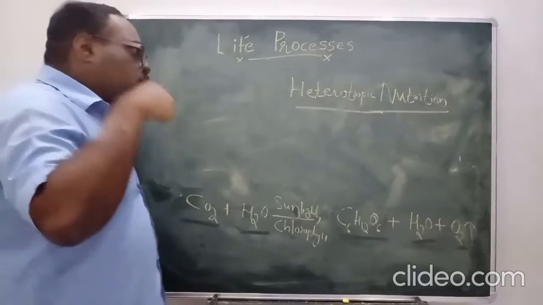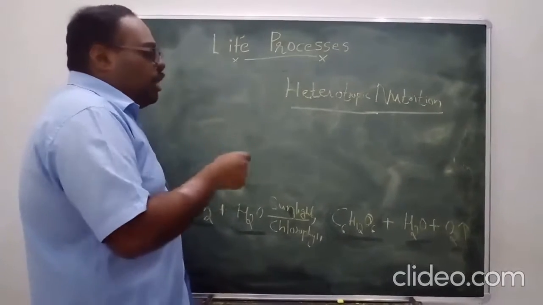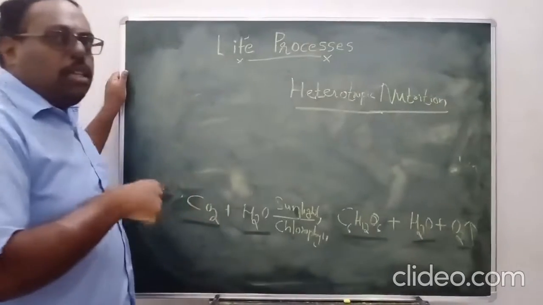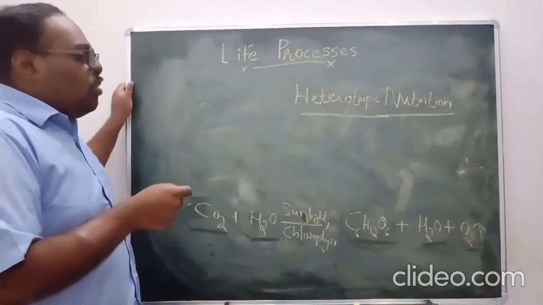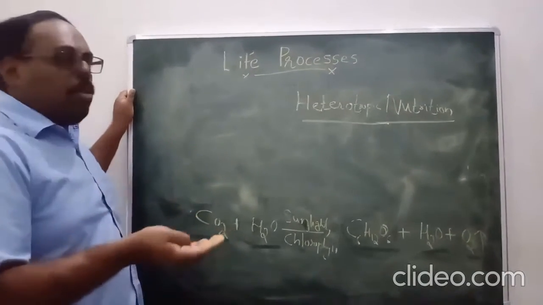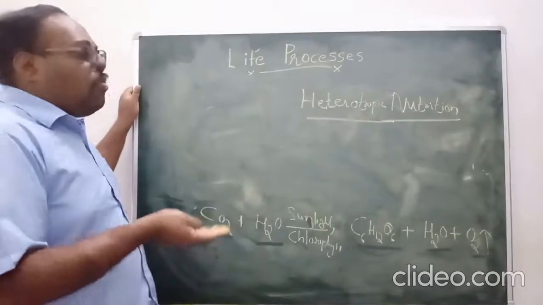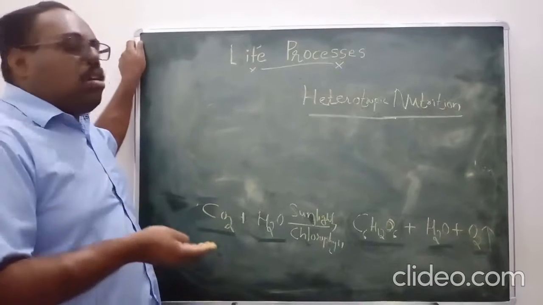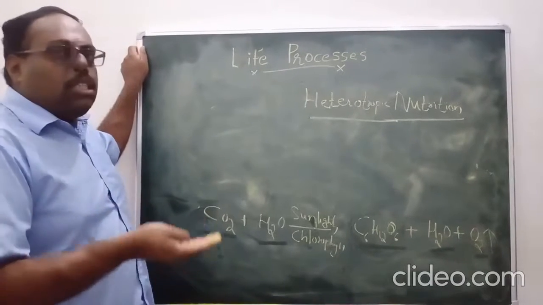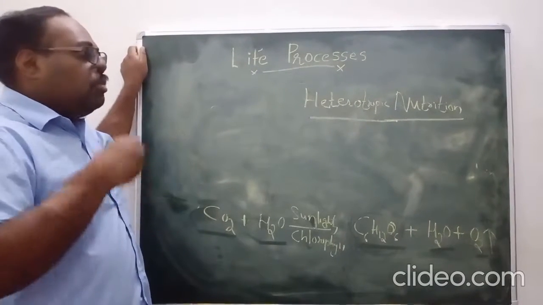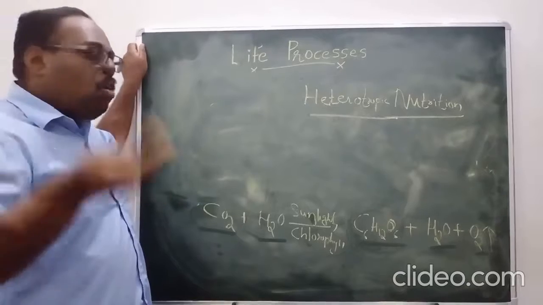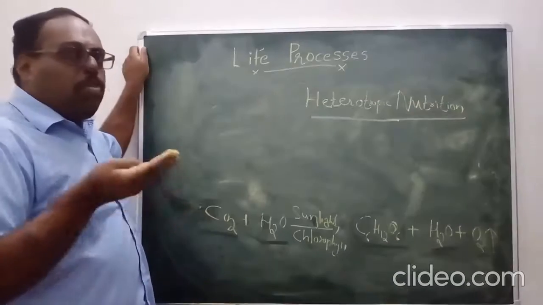So we have to discuss what is happening when we have taken these types of food. For example, what will happen if you have taken starch, glucose, or fat. For all these things, humans have to depend on other organisms.